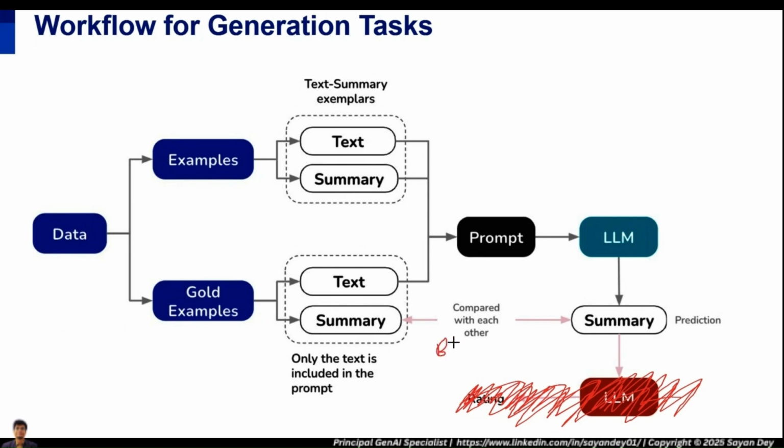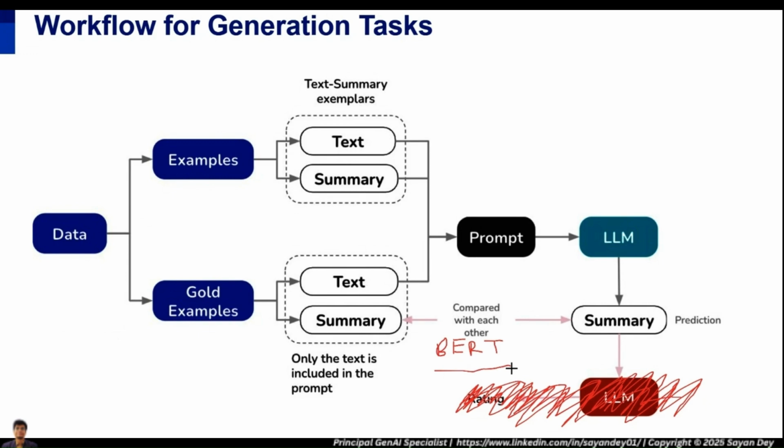Now I will not be getting into the technical details of BERTScore. BERTScore is again a transformer based concept. We use word embeddings and sentence embeddings to compare the inherent meaning behind what those summaries are relating to. But at a very high level, we are doing a semantic comparison. We are not doing an exact word by word or character by character comparison.